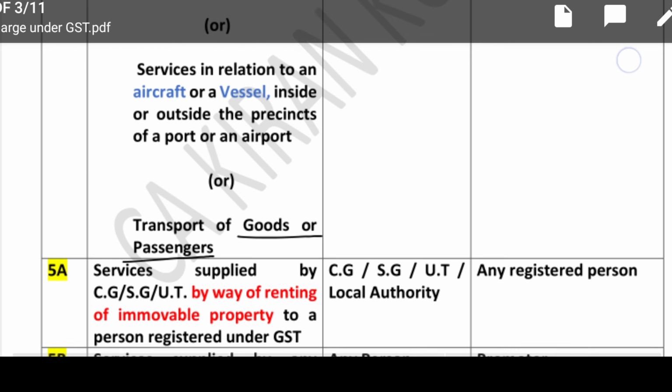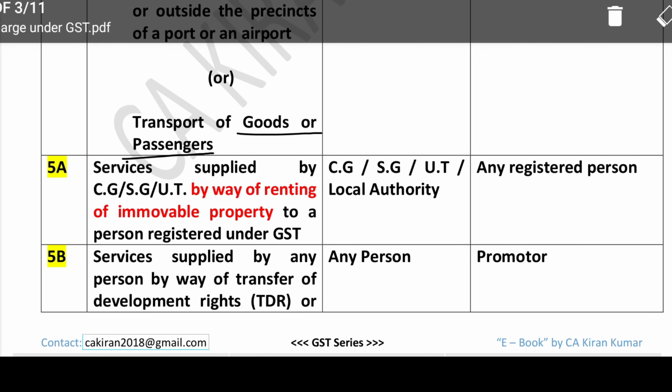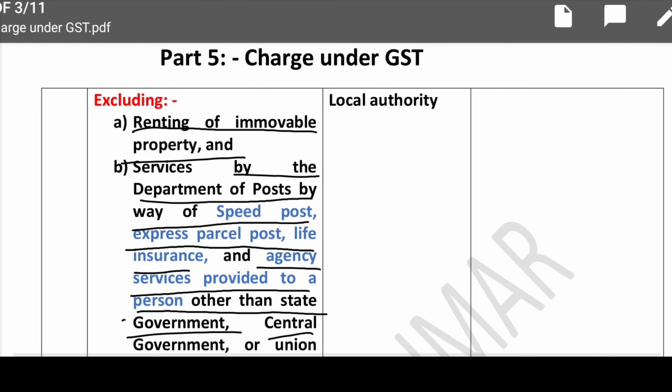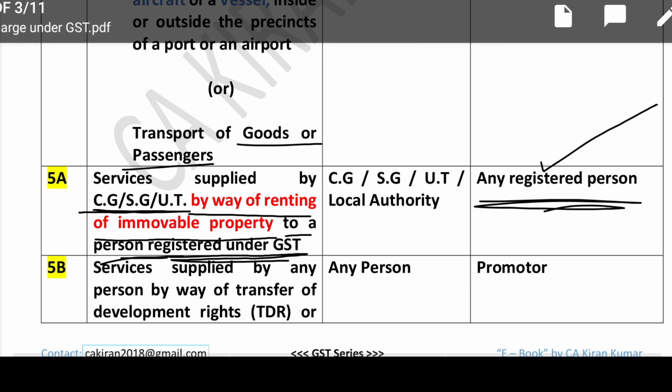And under 5A, it is mentioned that for services supplied by way of renting of immovable property to a person registered under GST, the registered person is liable to pay GST on RCM basis. In number 5, it was excluded, and by introducing 5A, it is charged under reverse charge if you are providing to any registered person.